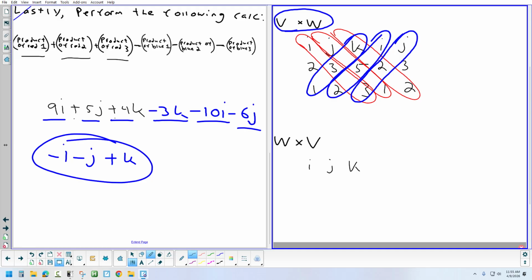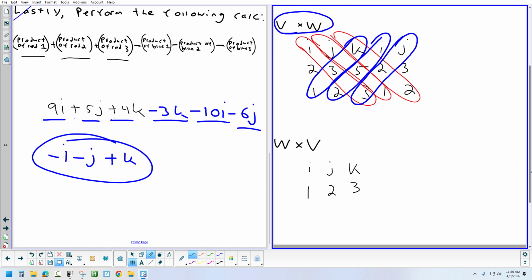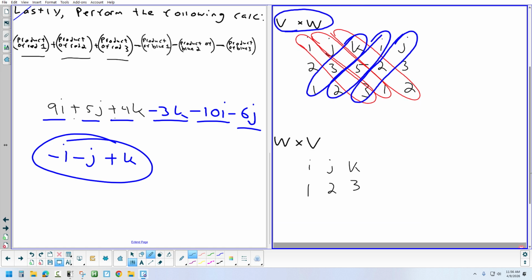I'm going to have a 1, 2, 3, because now W comes before V. And what's going to be in the last row? 2, 3, 5.